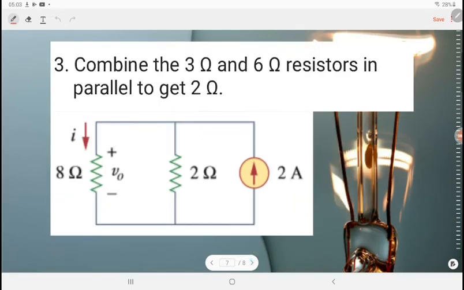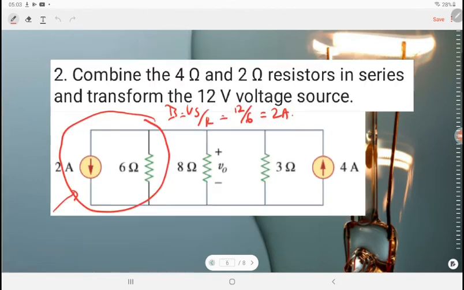Next, we combine the 3 ohm and 6 ohm resistors in parallel. Now the circuit becomes all parallel, so we can further simplify it by combining the 6 ohm resistor with the 3 ohm resistor.